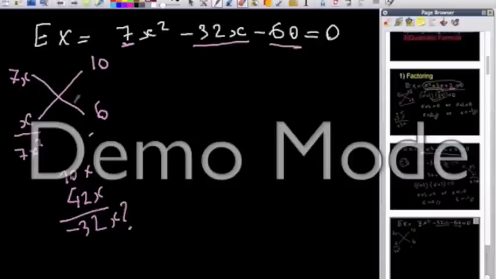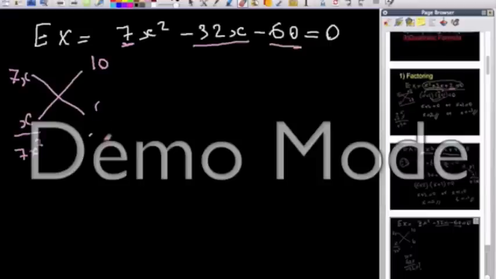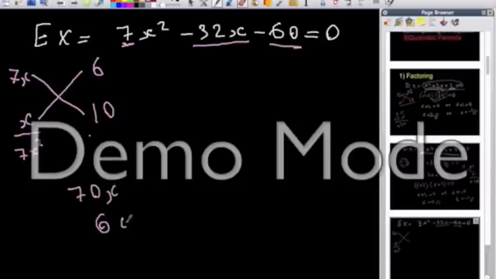Yes, we do. But if I did not place 6 here, and if I placed 6 up here and 10 right here, we would not have gotten 32x, because 7x times 10 gives us 70x, and 6 times x gives us 6x.